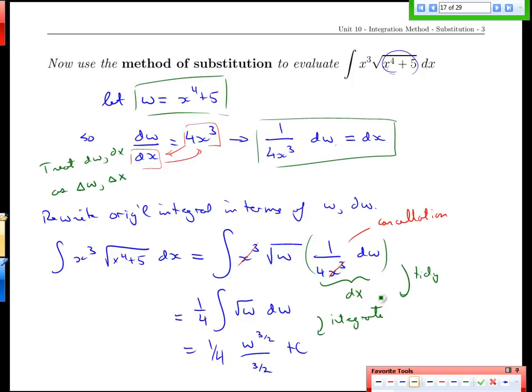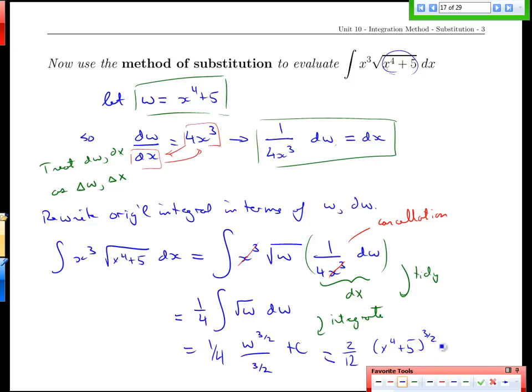So what we did with the substitution was trade a complicated integral for a much simpler one, and the only penalty we need to pay is to convert it back into the original values, which were x values. The original integral had x's everywhere. We have w's. We should go back to the original. We have 1/4 and 3/2. Let's do the constants. That'll be 2 over 12. And then the w to the 3/2 is our (x to the fourth plus 5) to the 3/2.